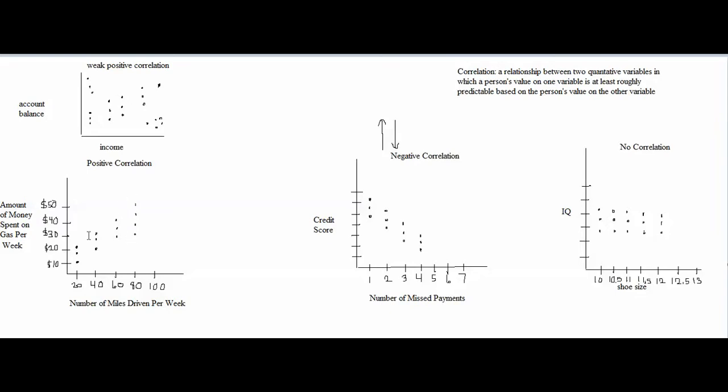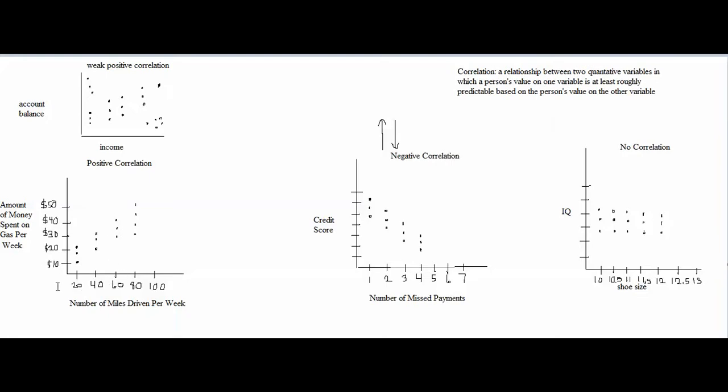So there aren't going to be very many people up here who don't do very much driving but still spend a lot of money on gas. Because if you don't do very much driving, there isn't any reason to expect you to be spending a lot of money on gas up here.